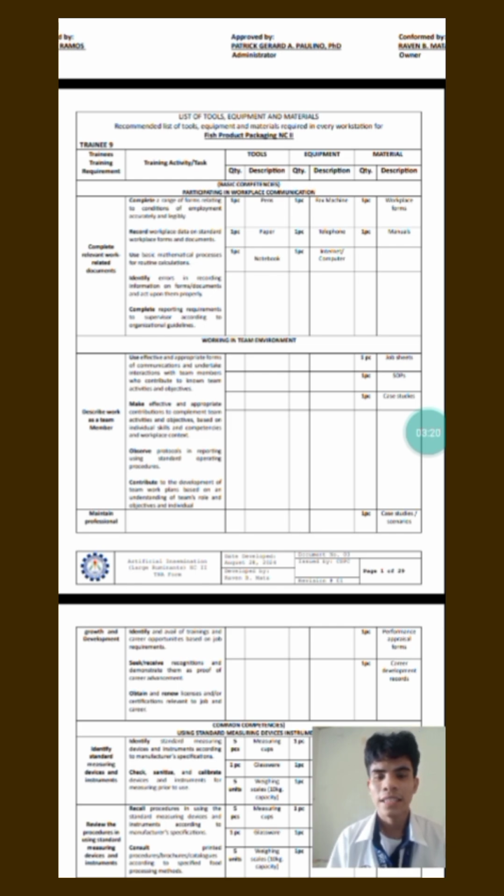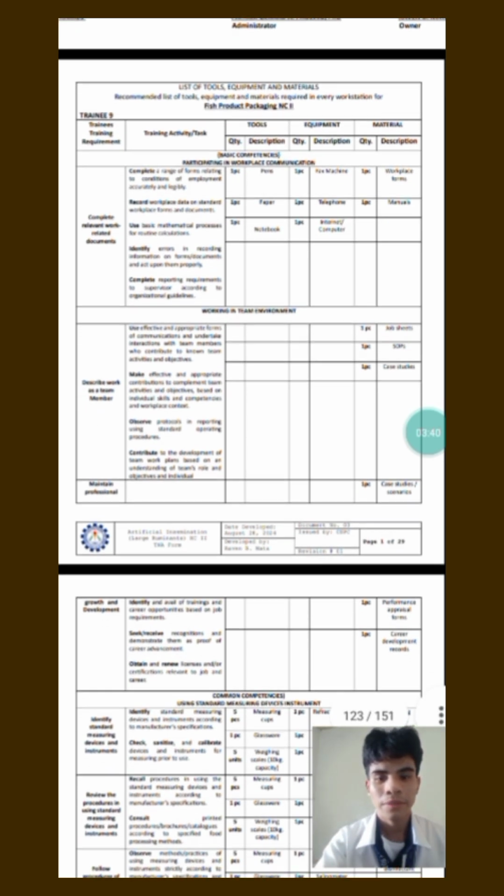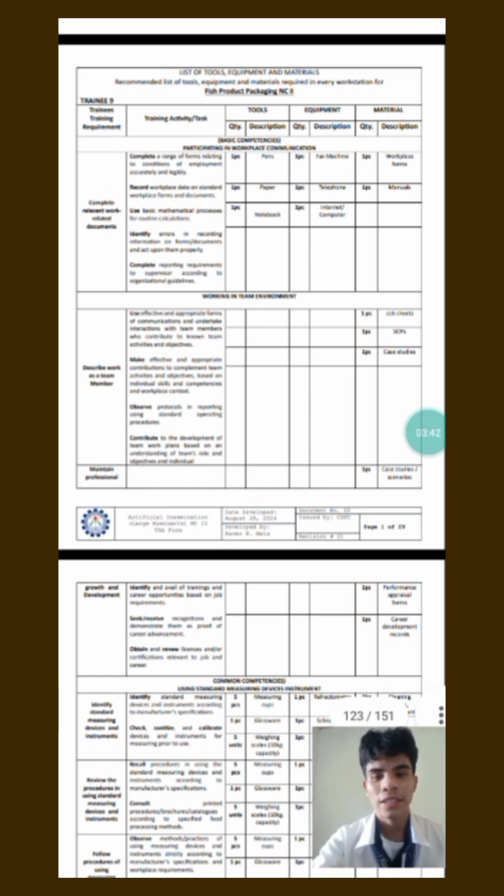I just put one trainee to make this activity, since trainee 9 has the most training gaps under the survey. So I made his or her training facilities list.